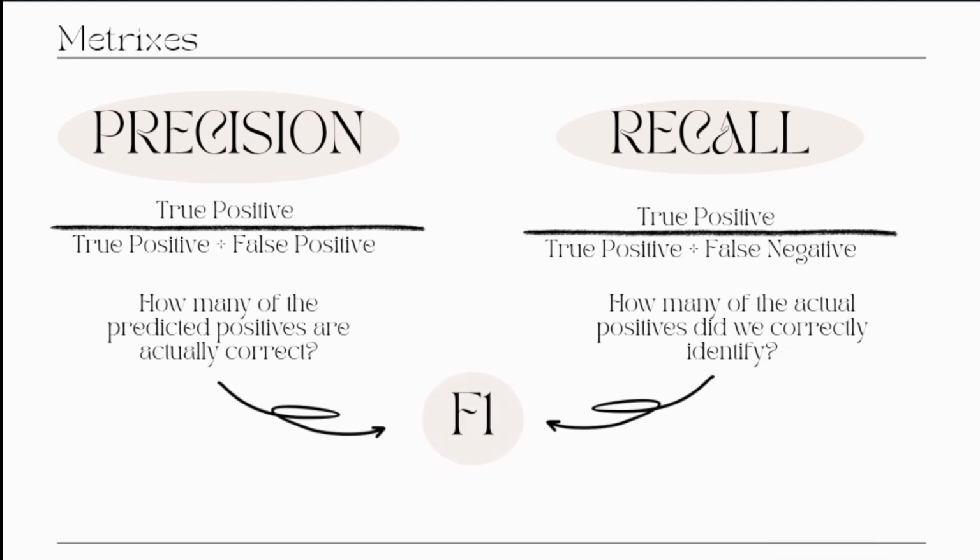The combination of them, specifically the harmonic mean, creates the F1 metric. However, we have more than 2 classes, so what we use is called macro F1 score, which is essentially calculating the F1 score for each class individually and then getting an average of them.